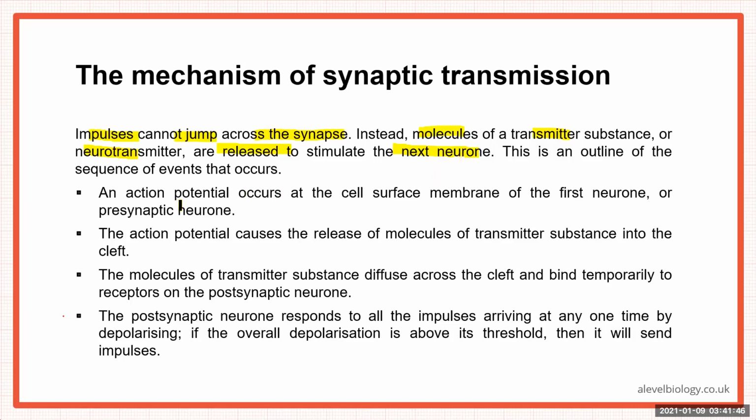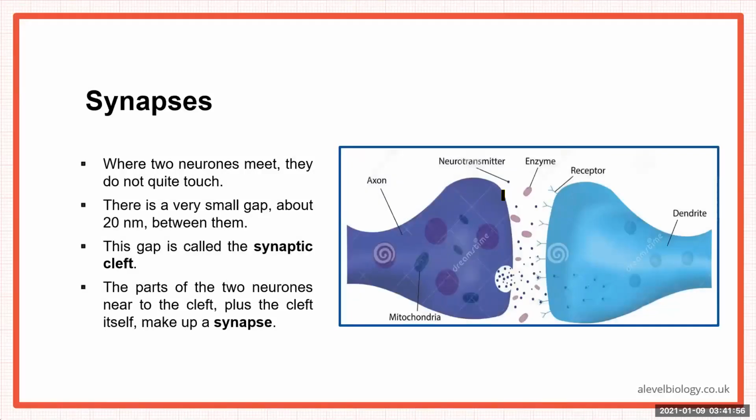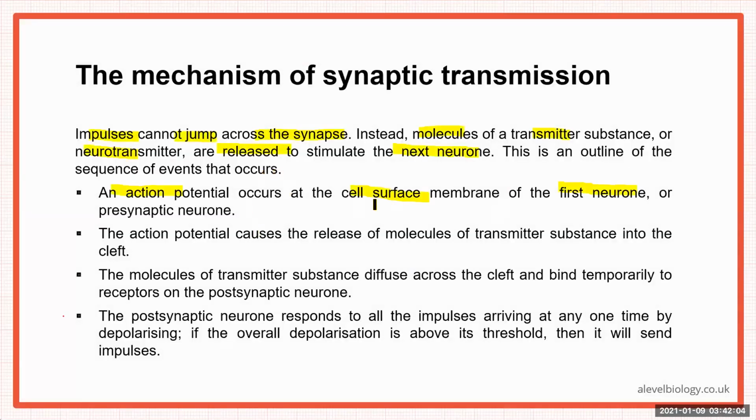But the basic events are: an action potential occurs at the cell surface membrane of the first neuron. The first neuron is what we call a presynaptic neuron. If you look at this part here, an action potential will be generated at the presynaptic membrane. As this action potential is generated, it causes the release of transmitter substance into the cleft.